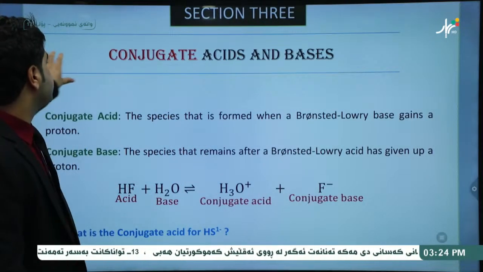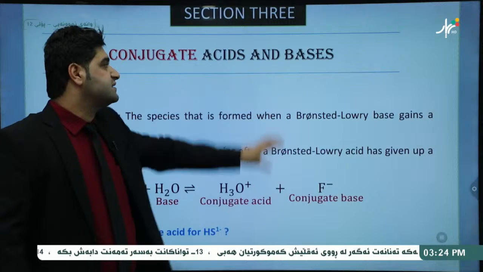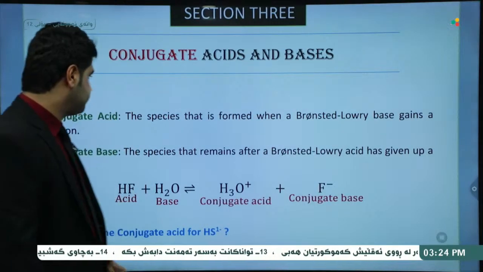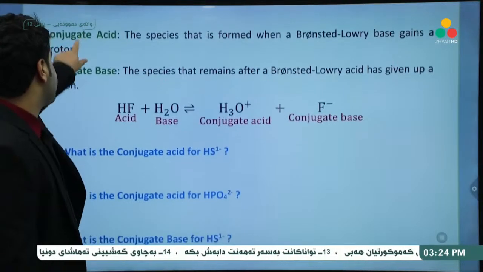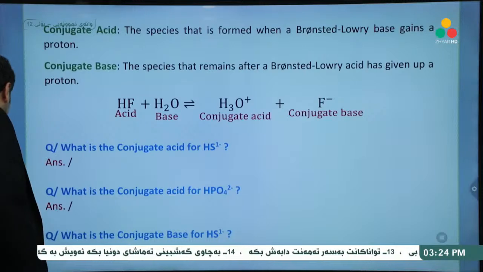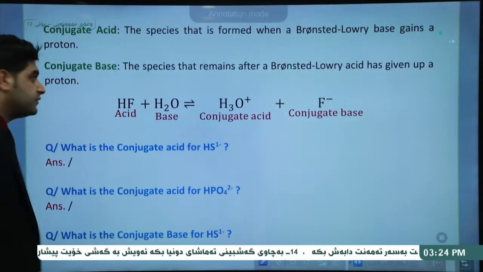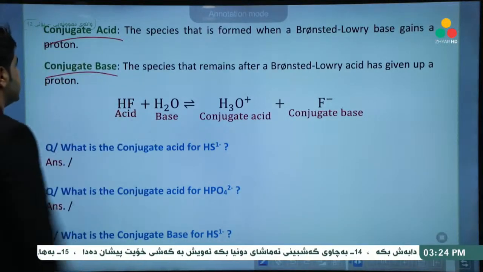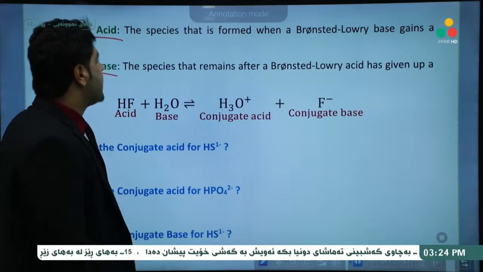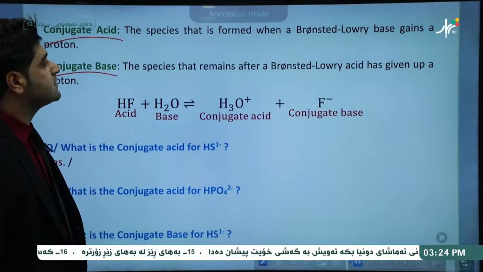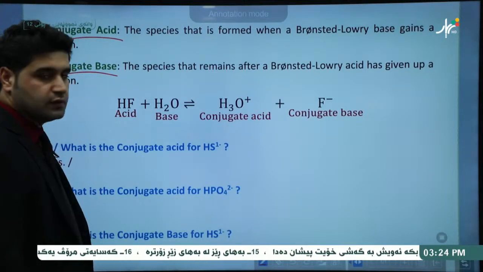What are the conjugates? Conjugate acid and conjugate base. Remember, we need the Brønsted-Lowry theory. A conjugate acid is the species that is formed when a Brønsted-Lowry base gains a proton.